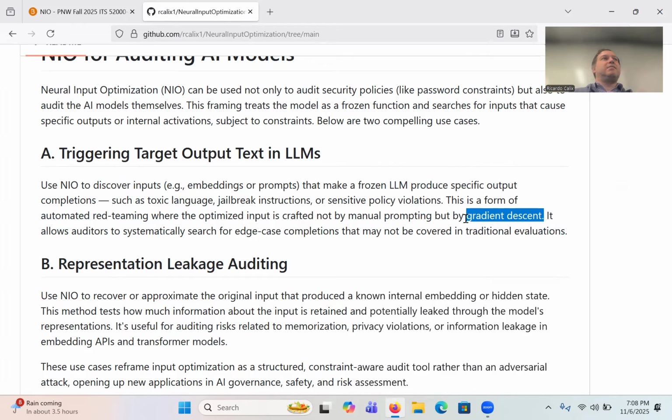Because gradient descent is an optimization technique. So basically, another way of saying it is, whereas you get to 60% accuracy, stochastic gradient descent will get to 80% accuracy. It'll find that extra because it'll just push things a little bit further so that it optimizes correctly. So this allows auditors to systematically search for edge case completions that may not be covered in traditional evaluations.